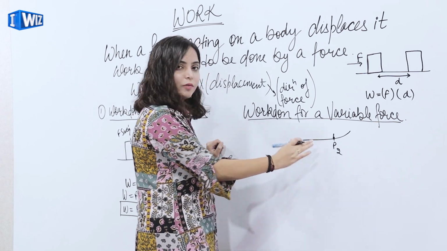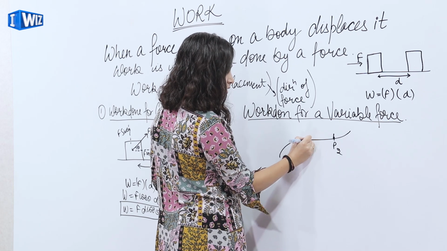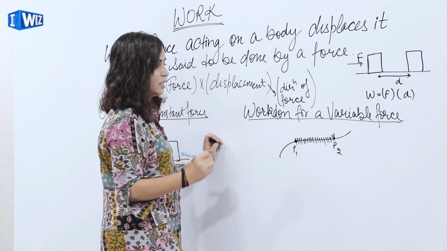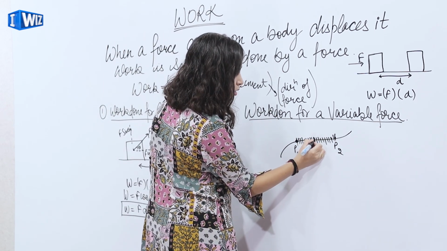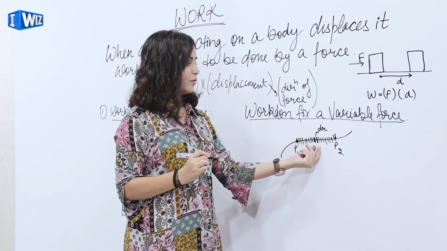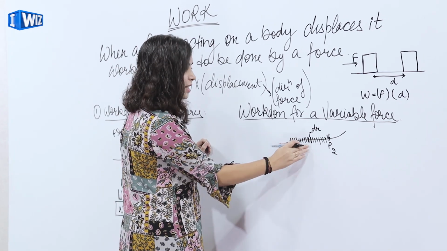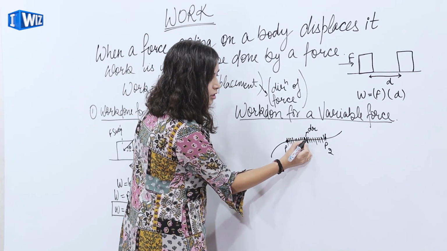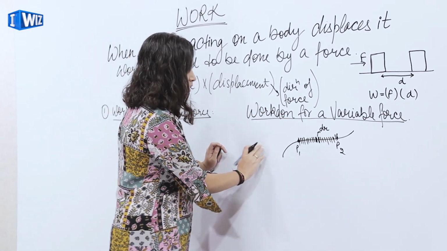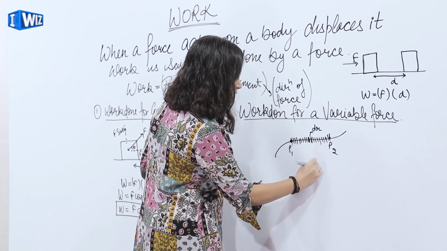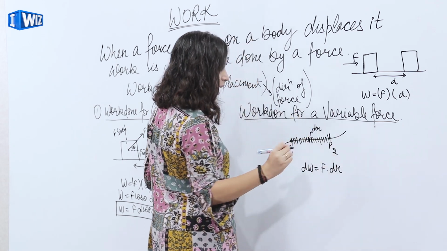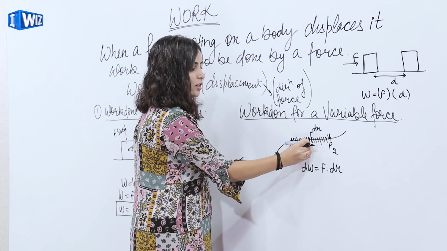So in this case what we'll do, we'll divide this into very small infinitesimal parts and we'll take one part, say dr, and we'll calculate work done for this part such that for this part we can assume the force to be constant. So for this we'll get dW is equal to F dot dr. Now we get the work done of this part.